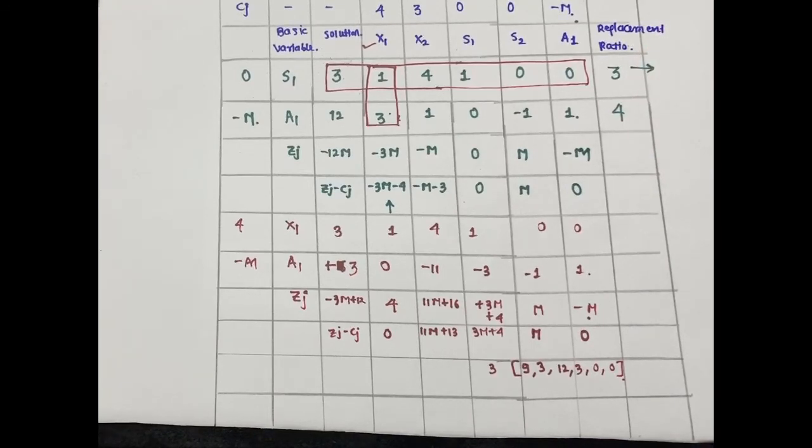Either it is negative or it is infinite, so that indicates unboundedness. And likewise whenever we have all the Zj minus Cj as positive values, but still you have a presence of an artificial variable in your basis, that will give you an infeasible solution indication. So these are the 4 cases that we had in the simplex method.